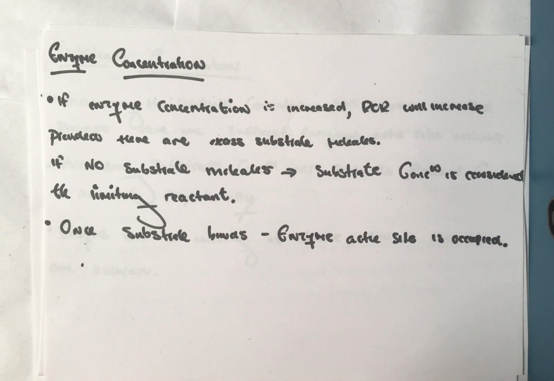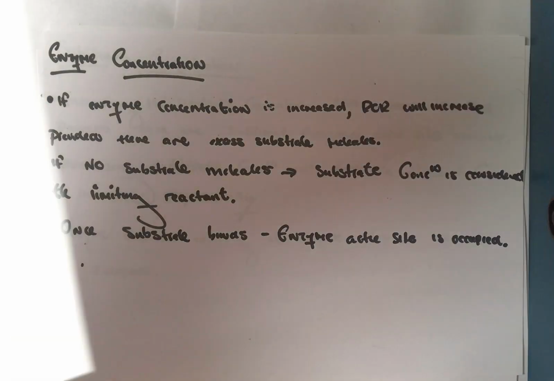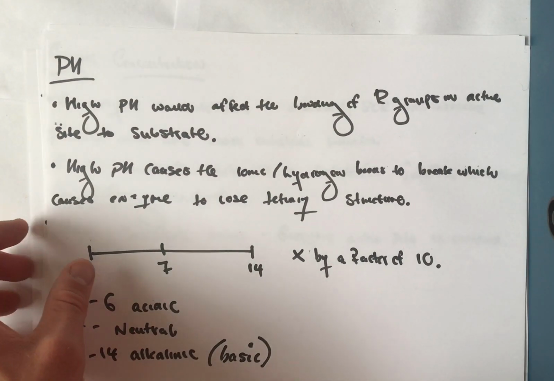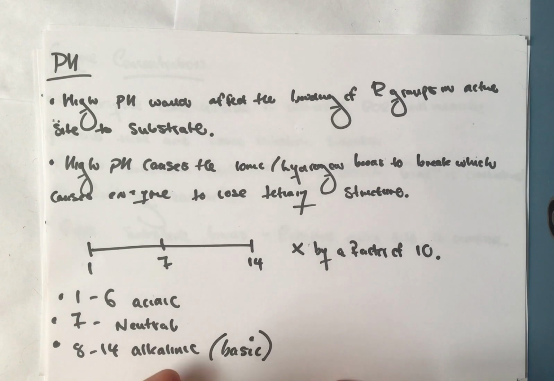Just to clarify, the rate of reaction is proportional to the substrate concentration and the enzyme concentration. And like I said previously, when all enzyme active sites are occupied, the enzyme is known as working at its Vmax. V stands for velocity. The final factor we have that affects enzyme-controlled reactions is pH.